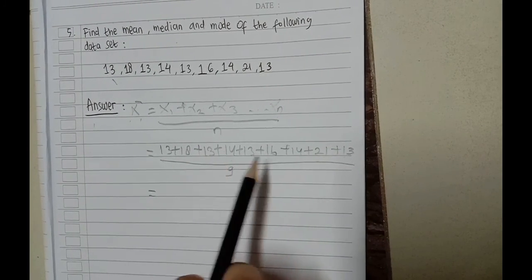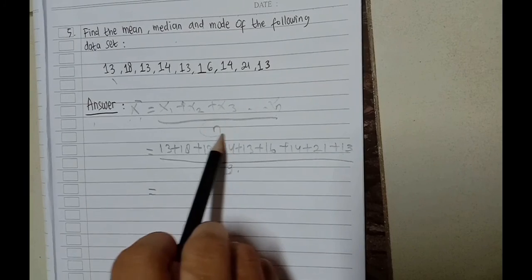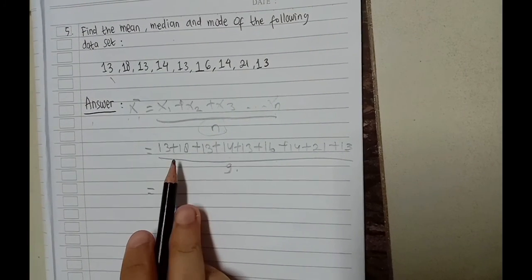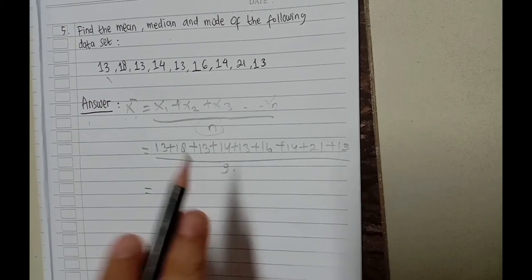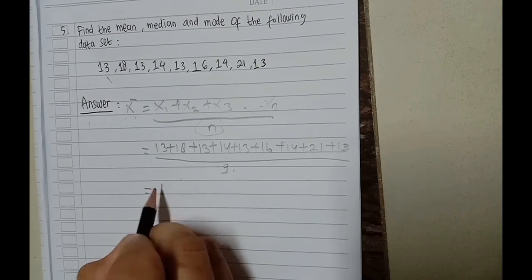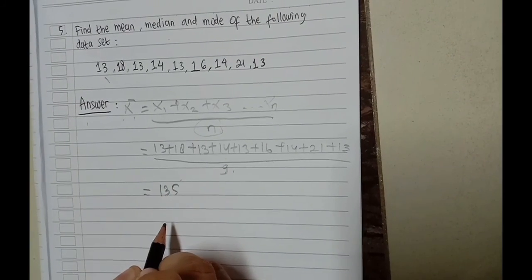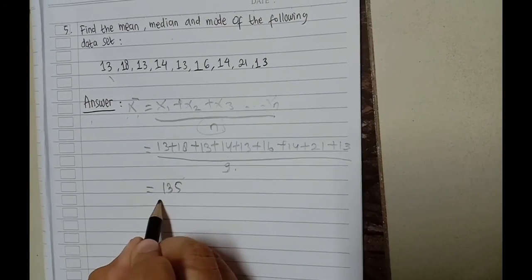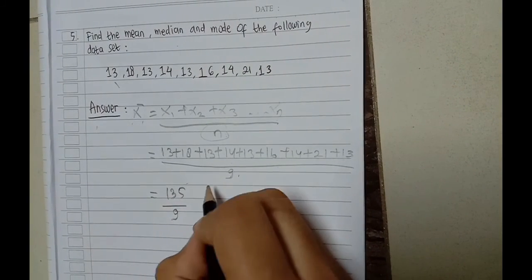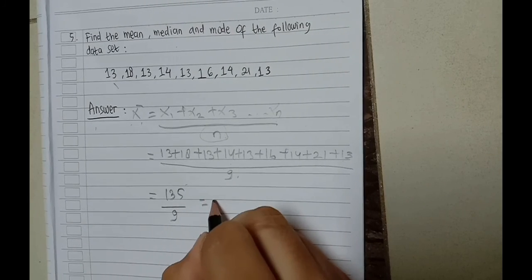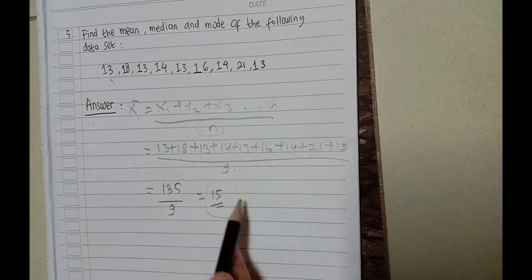After that, we will divide it by 9, the total number. After that, we will calculate all the numbers divided by 9, and equal 135 divided by 9 equals 15, and this is the mean.